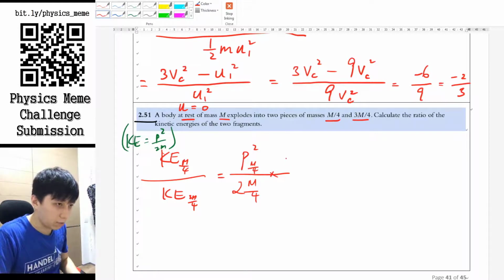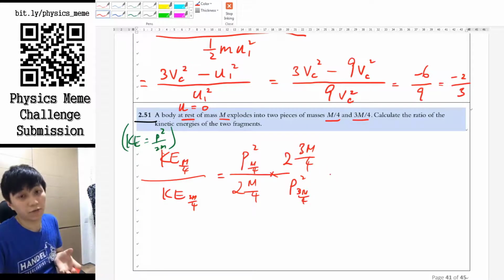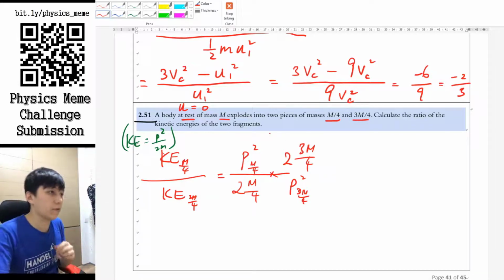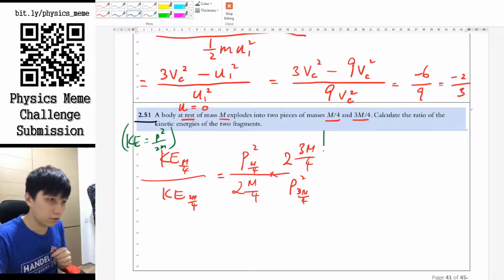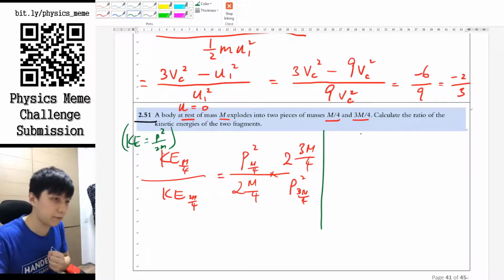So that will be 2 times 3m over 4 of the momentum of the bigger one, 3m over 4, squared. Okay, but then you need to find the expression for the momentum, of course. So once again, you need to think about it from the conservation of momentum perspective.